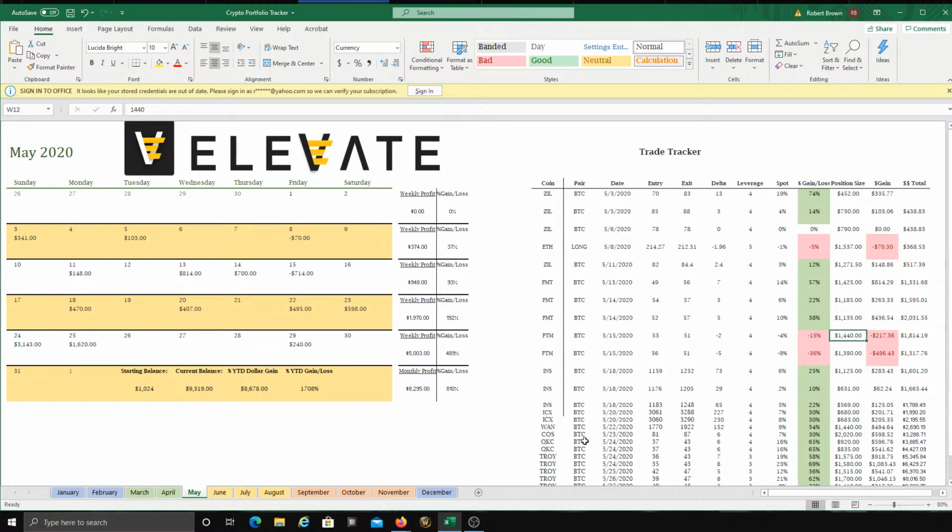So I had for this trade and this trade, well, let's just say $1,400 in those two trades. I think these were two separate trades on the same day, so they may have been two different bags. So I may have had two positions open in the same day. Okay, so let's say I had two different positions open on the same day, for a total of $2,800.